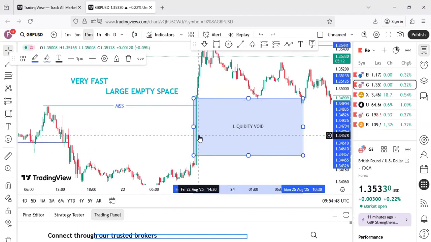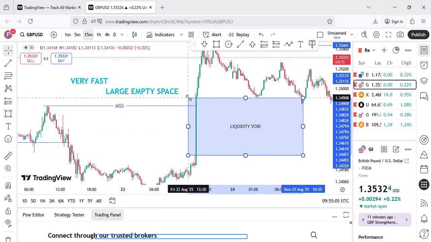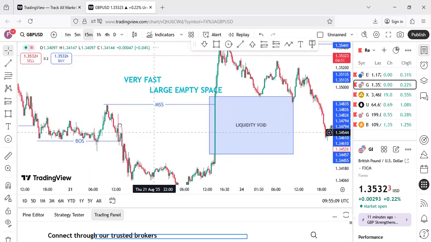This is a liquidity void. These are the two major characteristics: one candlestick in an empty space. And that's what happened. Got it?